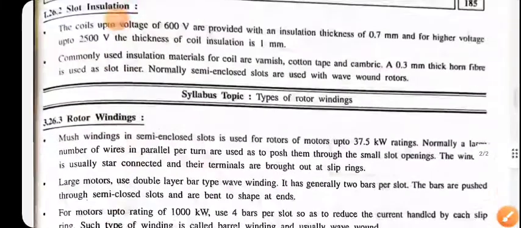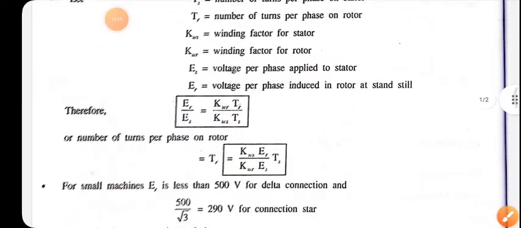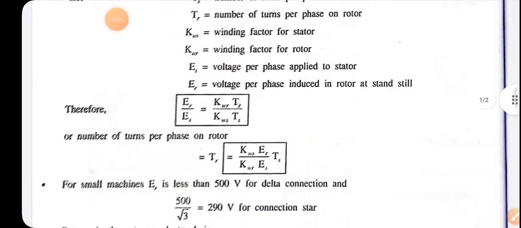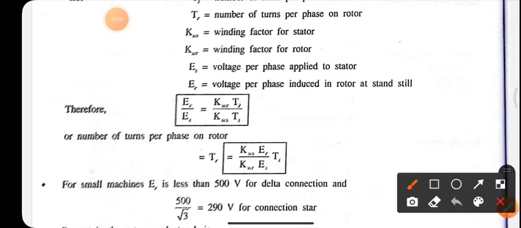We have already seen in the rotor design that we are using the wound rotor type where the requirement is high starting torque. First we found the number of rotor turns, given by the equation TR equals KWS ER upon KWR ES into TS. This is the equation for the number of rotor turns per phase.